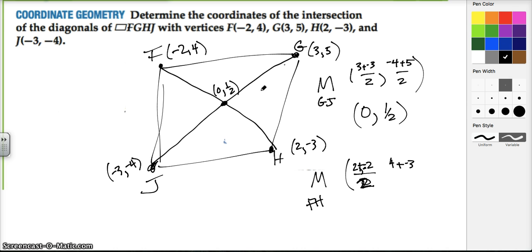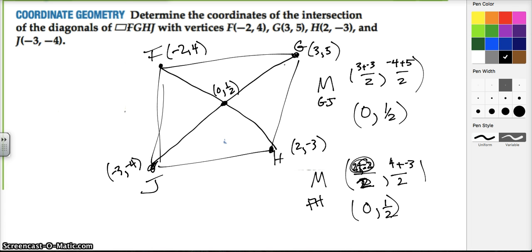That's the average of the x's, and then the average of the y's. And we get the same thing. 2 plus negative 2 is 0, divided by 2 is 0. And then 4 plus negative 3, which is 1, over 2 is 1/2. So the midpoint is (0, 1/2).